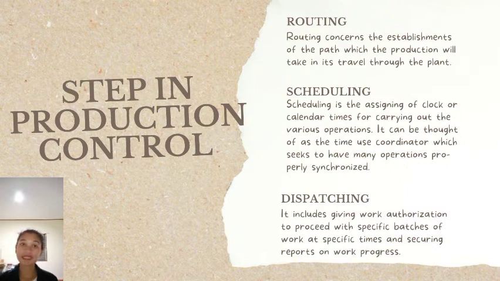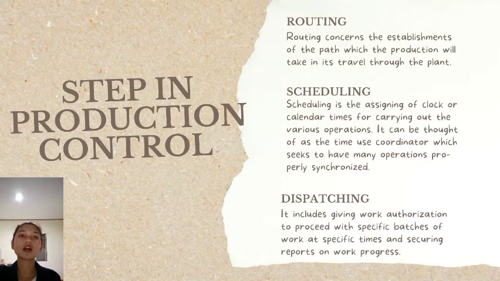So the last is dispatching. The final step in production control is dispatching. It entails giving permission for certain batches of work to be completed. In particular terms, it entails obtaining a report on the status of the project, and giving permission to transfer materials from one section of the facilities to another.